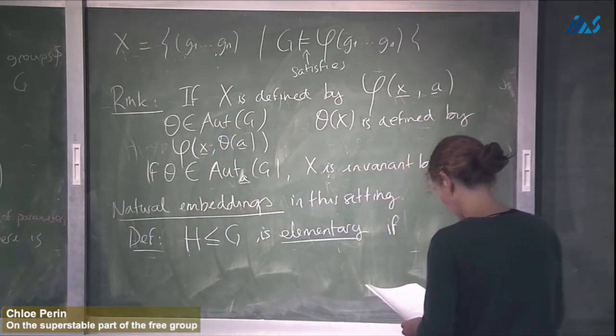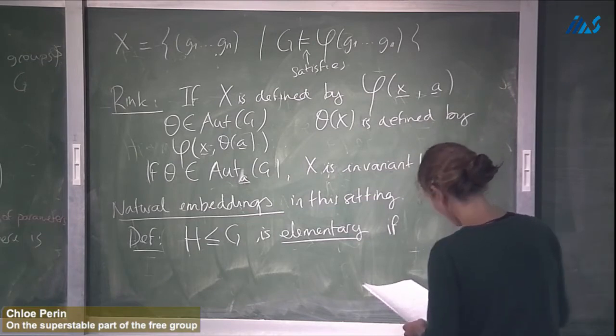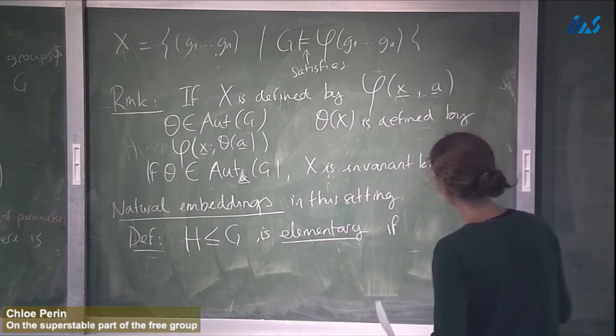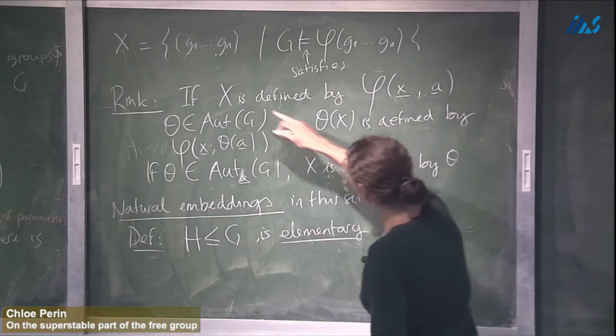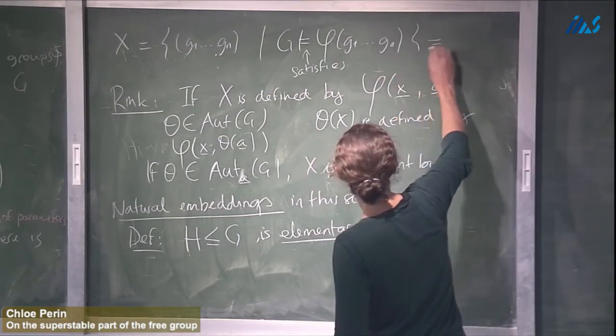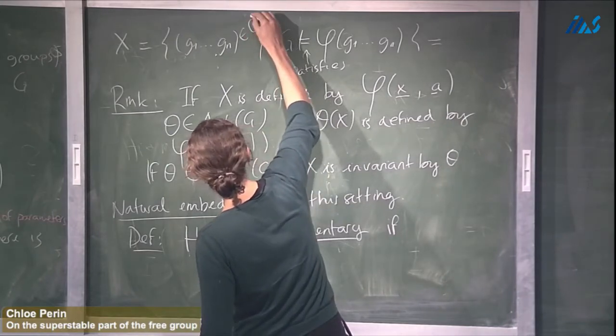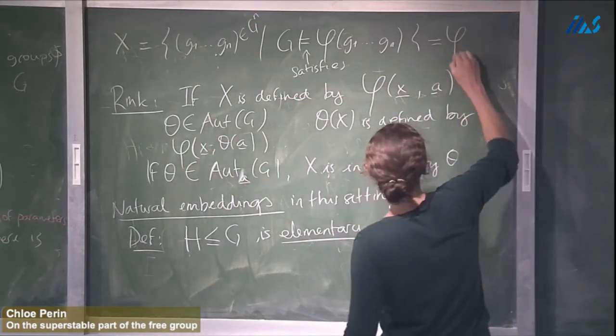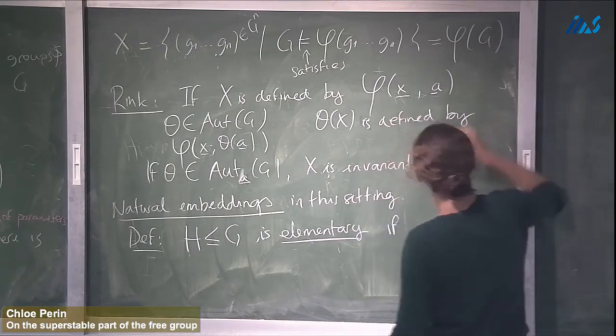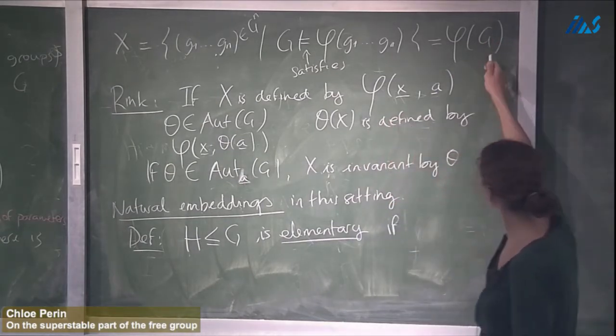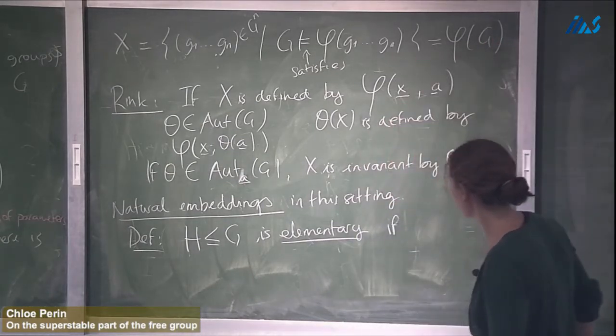So let me see how to phrase it best. Okay, I should say that a natural way to denote this, if I look at tuples in G^n, is just to say that I take phi of G. This is just all the tuples of G which satisfy the formula phi.